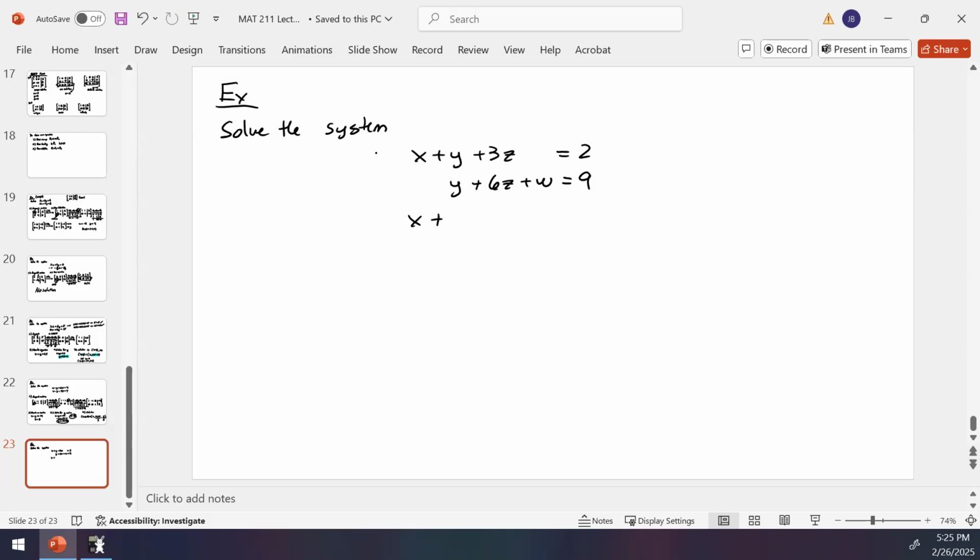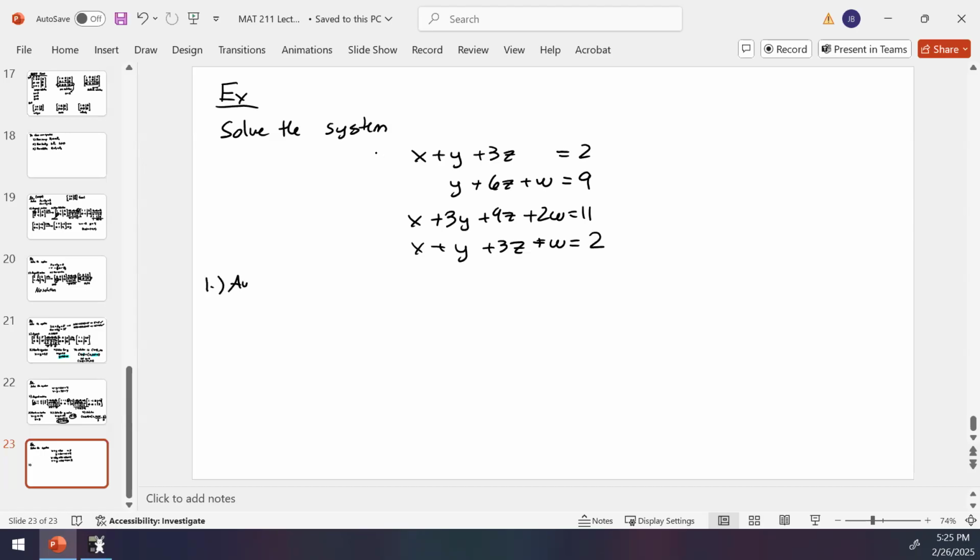X plus 3y plus 9z plus 2w is equal to 11. X plus y plus 3z plus w equals 2. Okay, so that's our system. If you can do this one by hand, you could do any of them by hand. This is like the overkill.